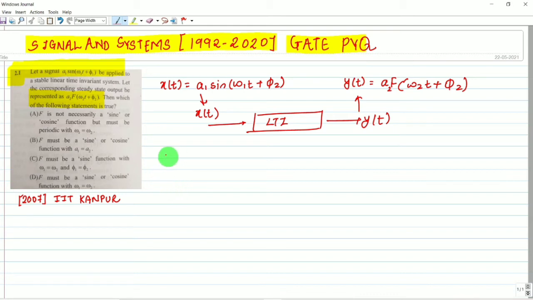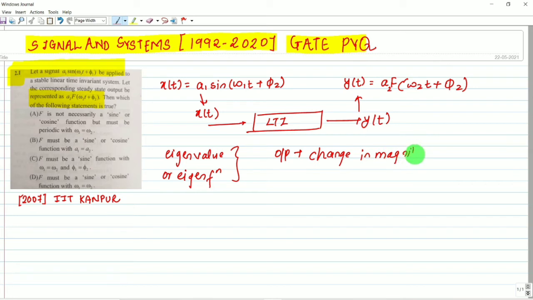What is the next method? We are going to use the eigenvalue or eigenfunction method. Understood? What is the condition? We are talking about the output. There should be a change in magnitude. Understood this part?